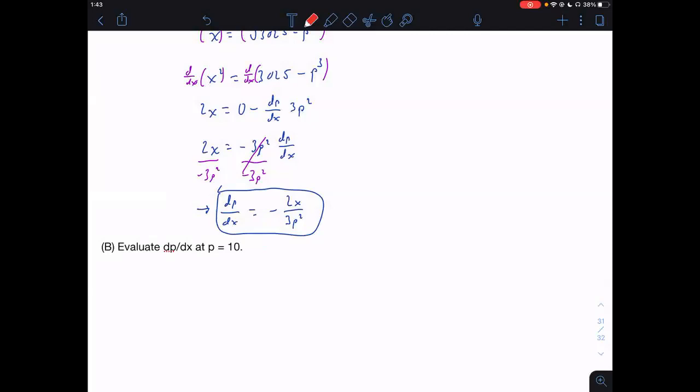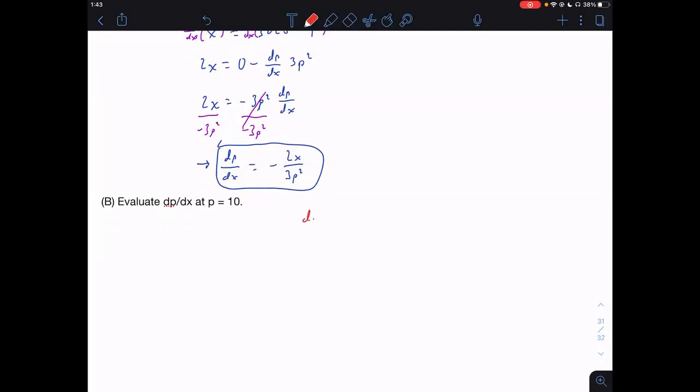Okay. So here we want to take our equation of dp over dx. Look at what we have here. We have 2 variables in this implicit derivative. We have x and we have p. But what do we know so far?